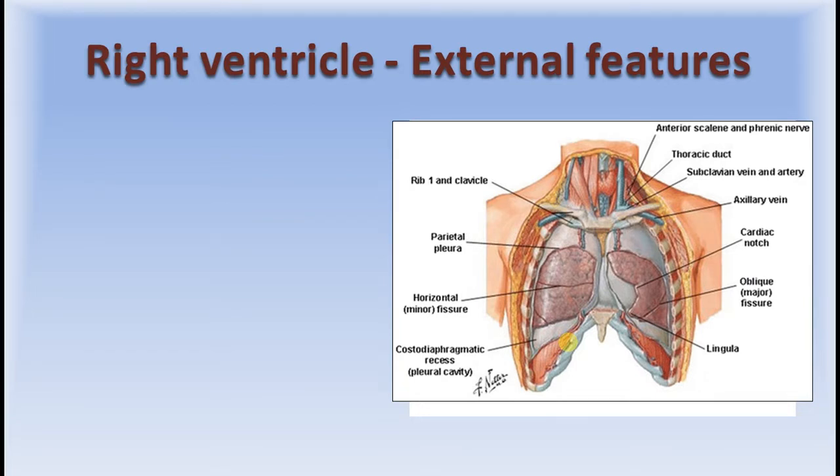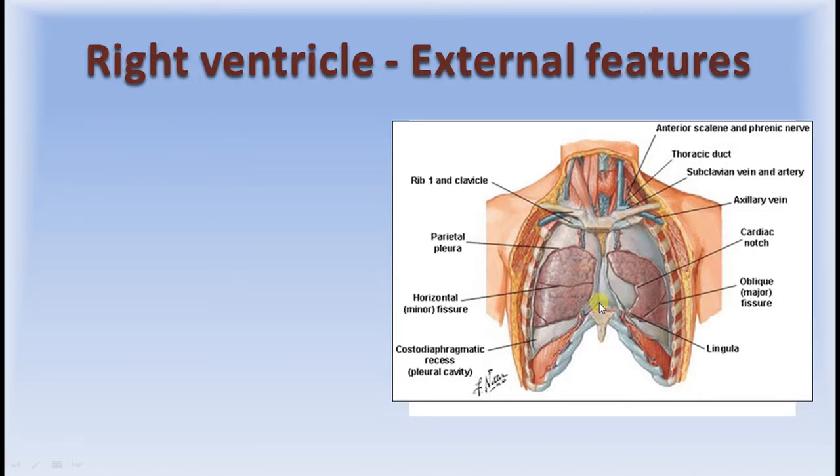With the anterior thoracic wall removed and the lungs in situ, you see a very small part of the pericardium, the exposed part which is not covered by the lungs, and that is basically a part of the right ventricle.